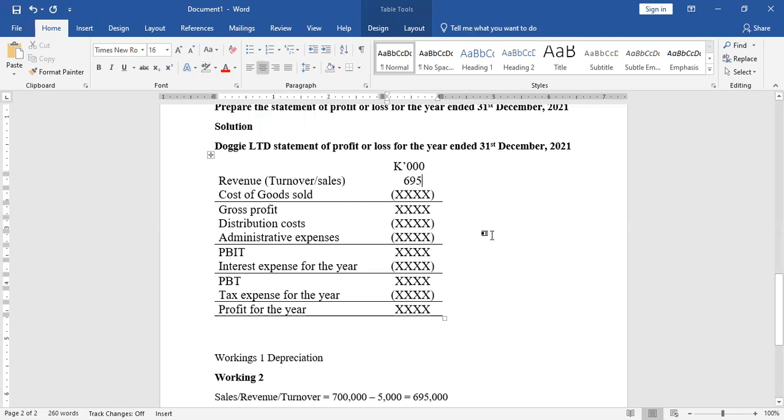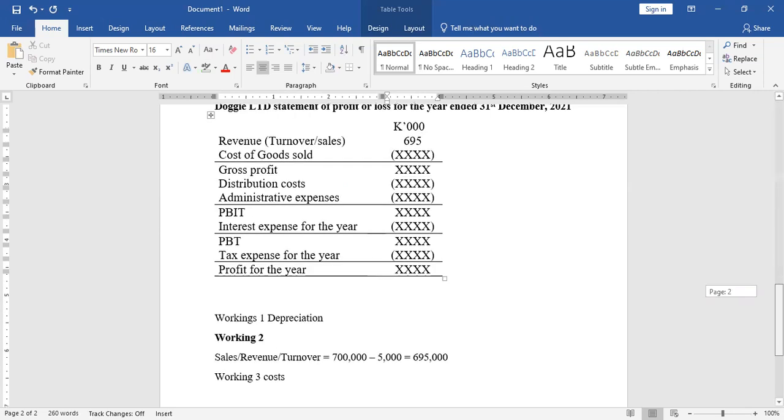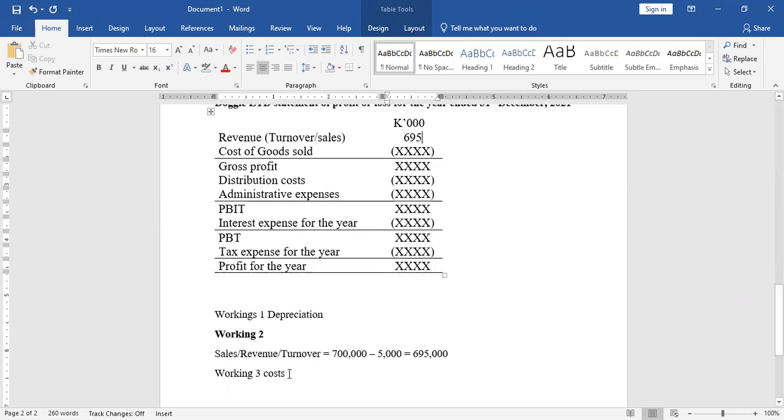I come to cost of goods sold. Cost of goods sold has got a formula. How do we calculate cost of goods sold? I shall call it working 3, cost of goods sold.